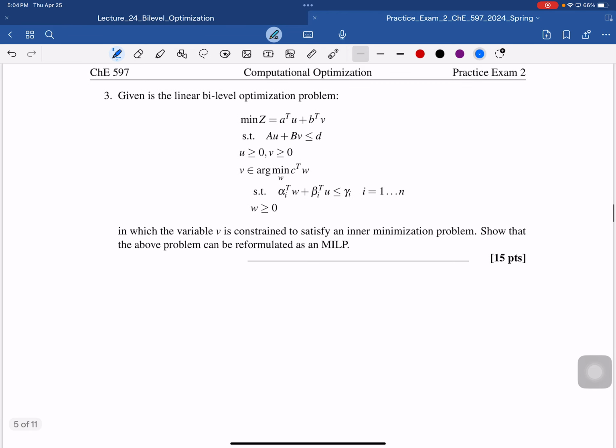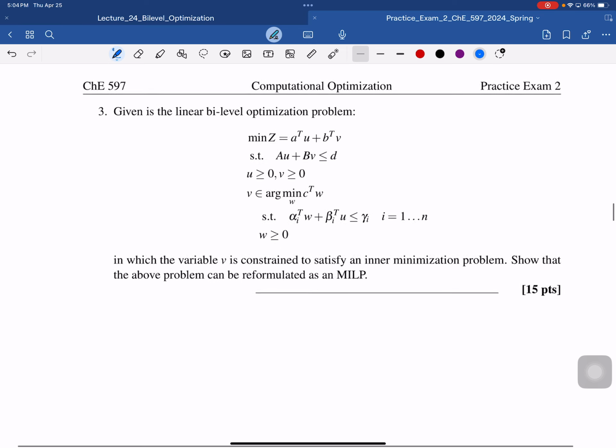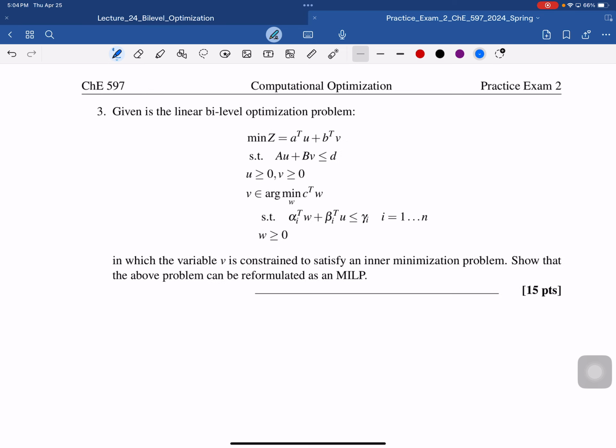So the third problem is pretty easy. You can just apply the KKT condition or the strong duality condition we talked about. As you can see, this problem is a bilevel optimization problem where the upper level problem is an LP in terms of U and V variables.